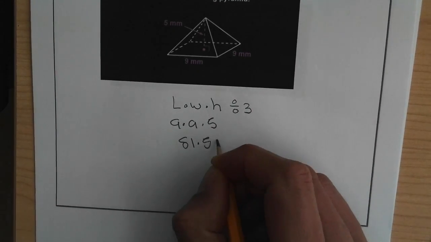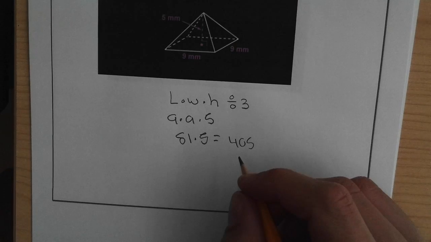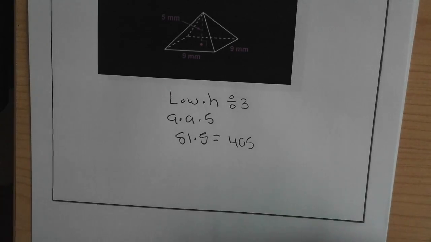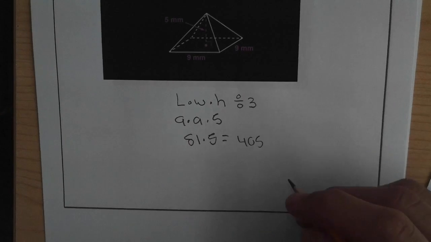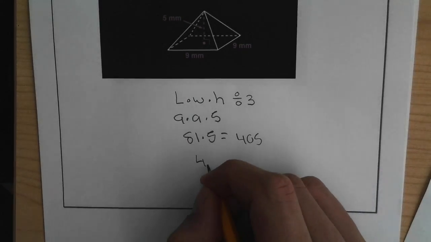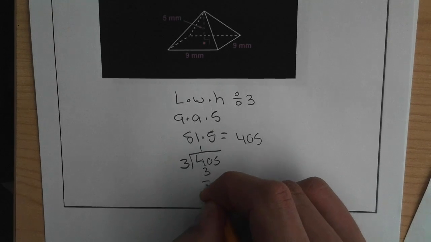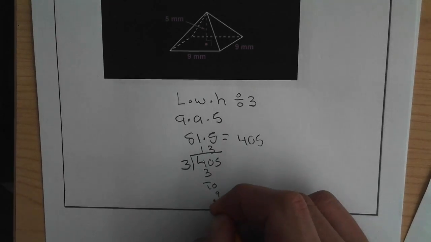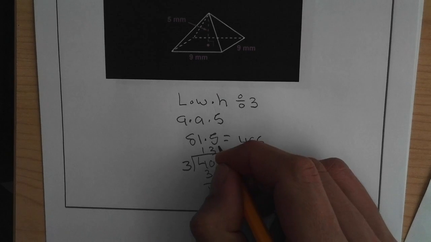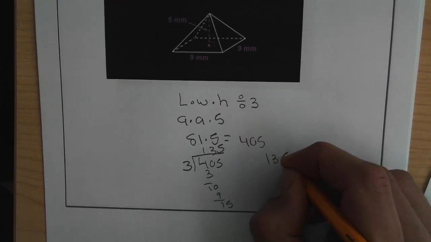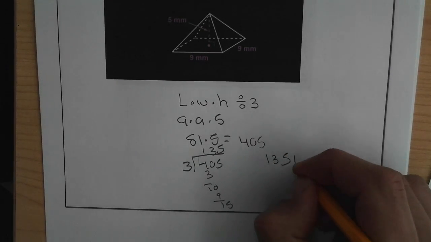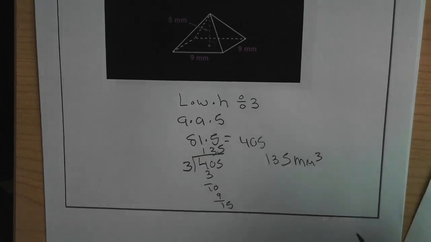And 81 times 5 is equal to 405. Now we'll take the 405 and divide it by 3. And we get 135. So the volume of this square pyramid is equal to 135.